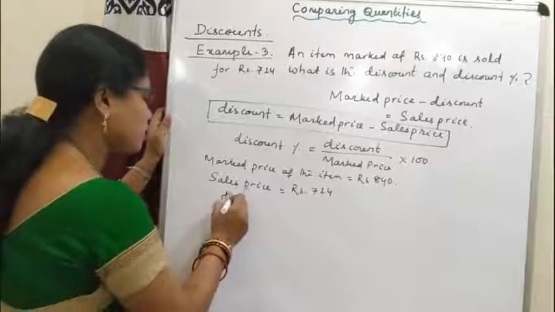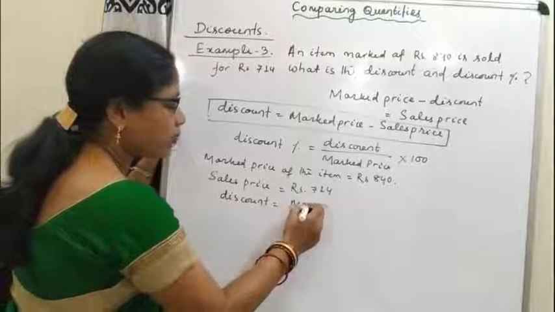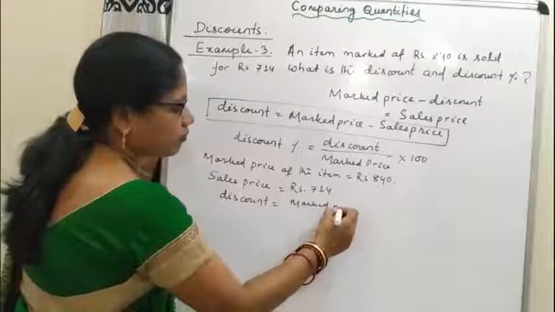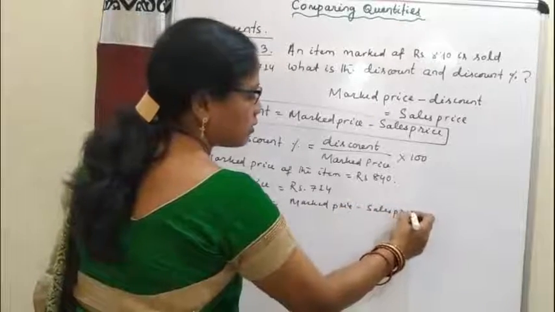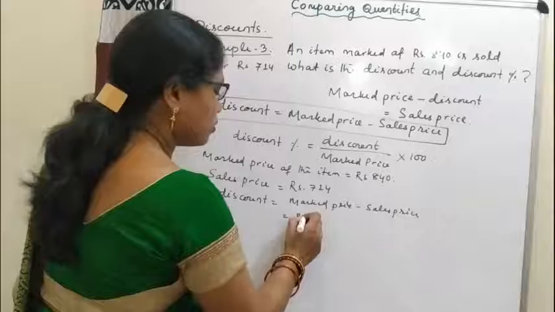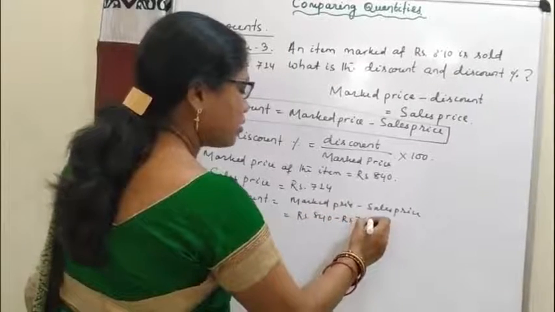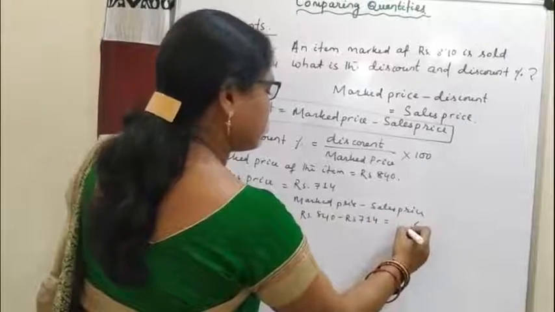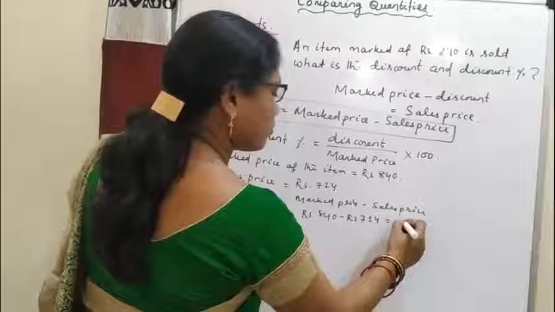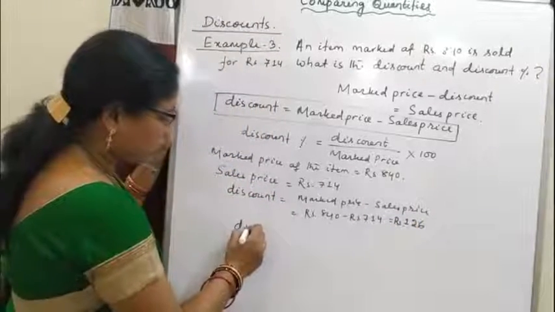So what is the discount? Discount is equal to mark price minus sales price, so this is equal to rupees 840 minus rupees 714, which is 126. Then what is the discount percentage?